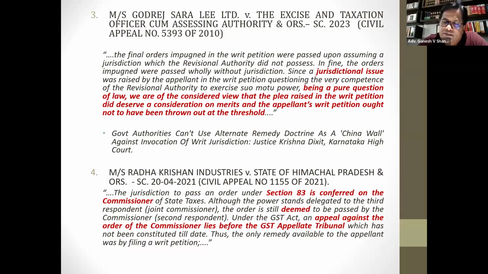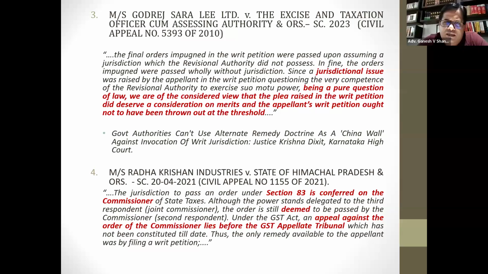So what it is trying to say is, it's again a question on the jurisdictional issue. The revisional authority did not have jurisdiction at all to do the revision as per the law, but still he went ahead and did it. But the High Court has rejected the petition on the ground of alternate remedy.